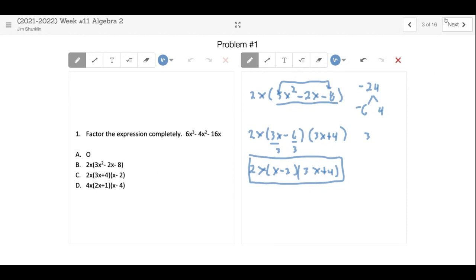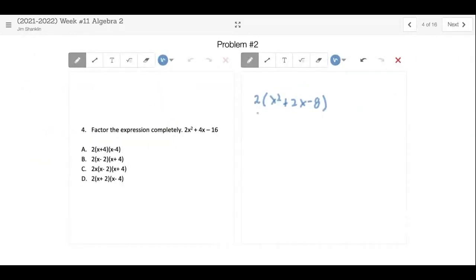All right. So problem number 2, we factor out a 2. Do we need to use the cheater method? Nope, don't need the cheater method in this one because there's a 1 in front of the x squared. So the only thing I need to do is ask myself what two numbers multiply to give me negative 8, but add up to positive 2. 4 and negative 2.